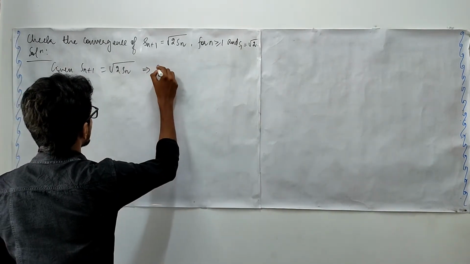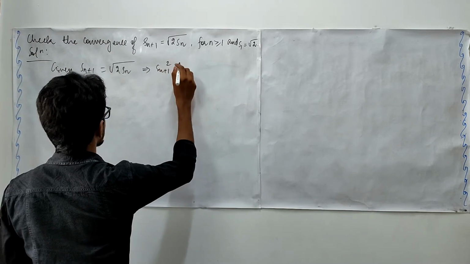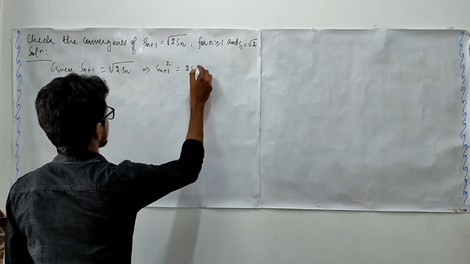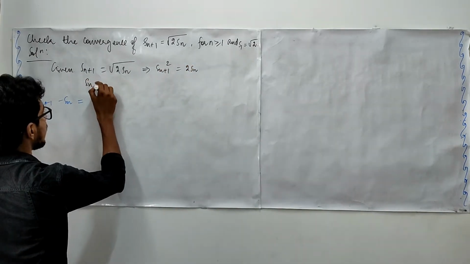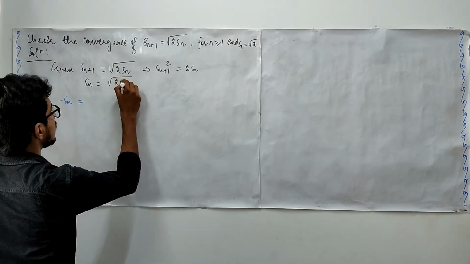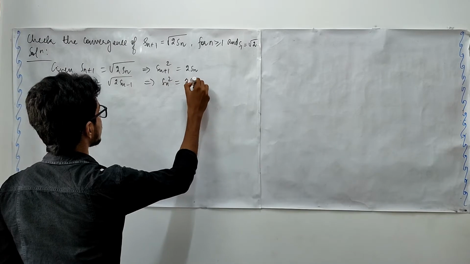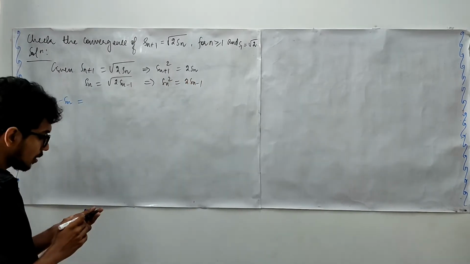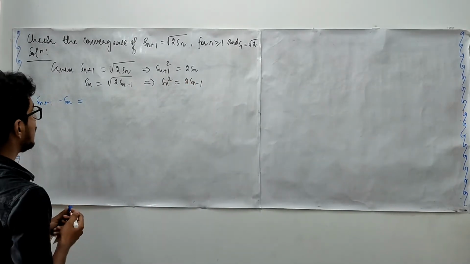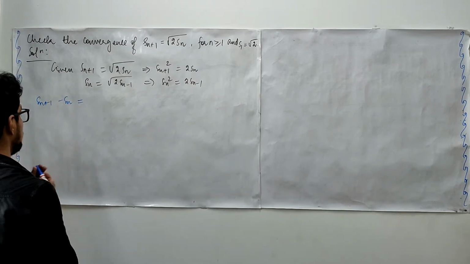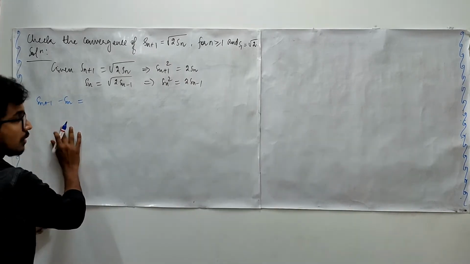So when squaring on both sides, it will give you Sn plus 1 square is 2 times of Sn. Okay. Similarly, what is Sn? It is under root 2 times of Sn minus 1, and this gives you Sn square is 2 times of Sn minus 1. Right?